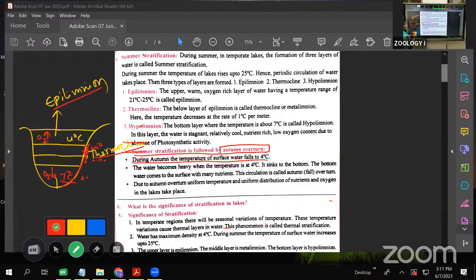What will happen? The water becomes heavy, because at 4 degrees centigrade the water has more density. Above 4 degrees centigrade the density is less, and below 4 degrees centigrade it is also less. Only at this temperature is the water density highest.